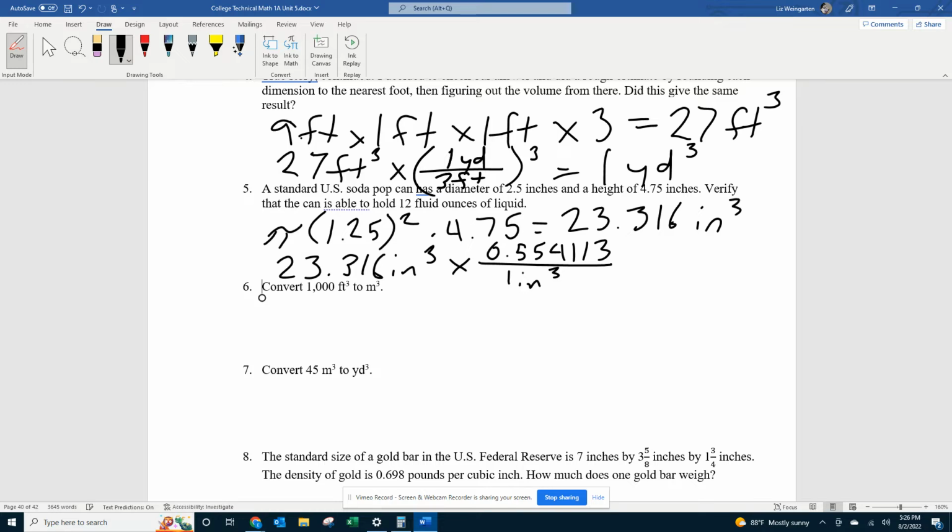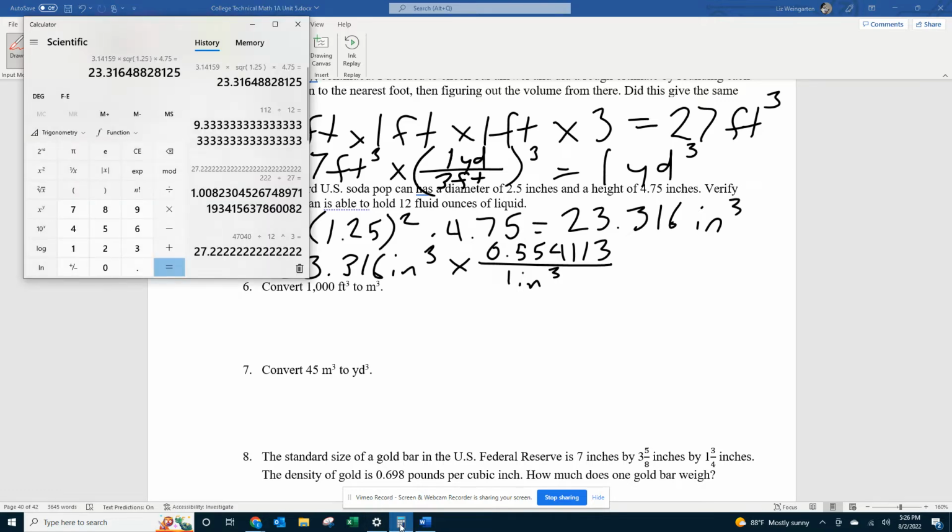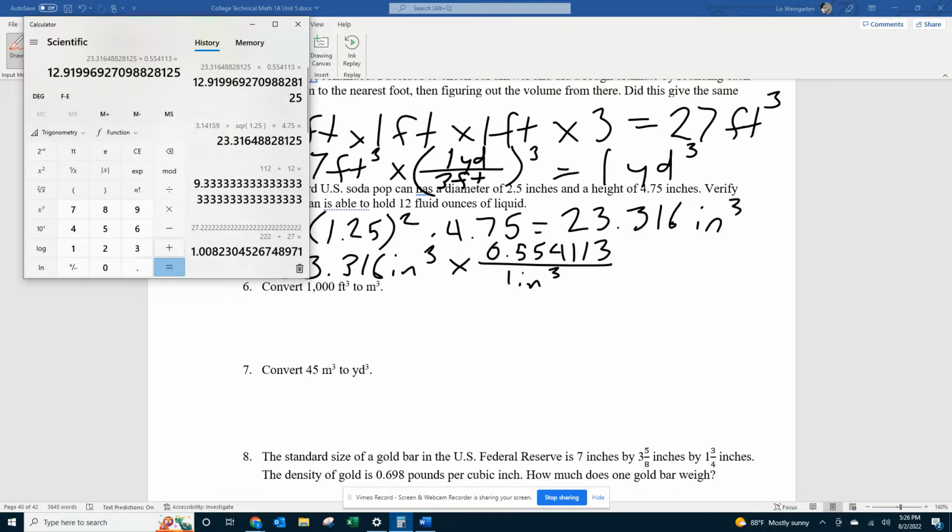This is a legitimate strategy that you can use in your quizzes and exams. Definitely you can use them in your exam. Just be able to do it quickly. Don't spend a whole ton of time Googling. So we're going to take what we got in our calculator and multiply it by 0.554113 and we get 12.9 ounces.